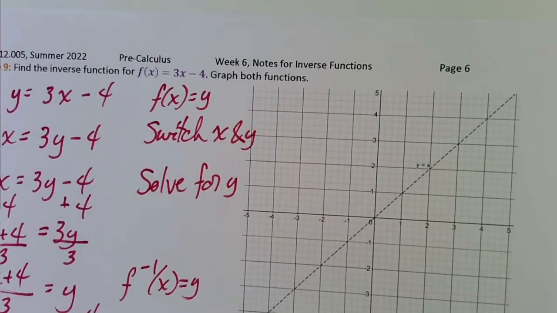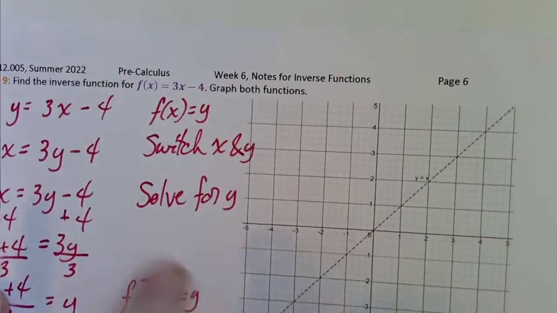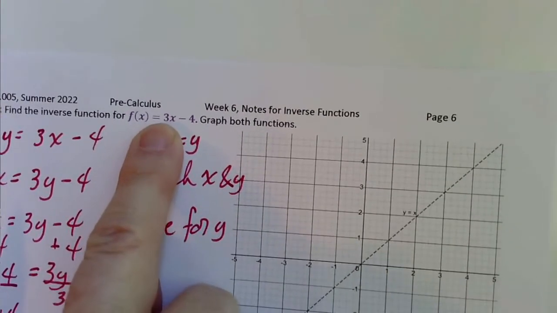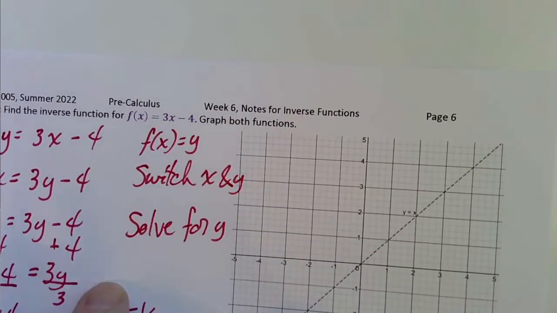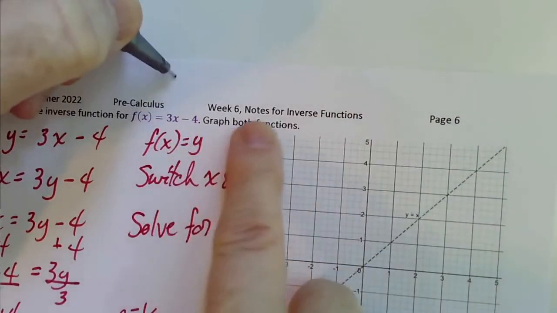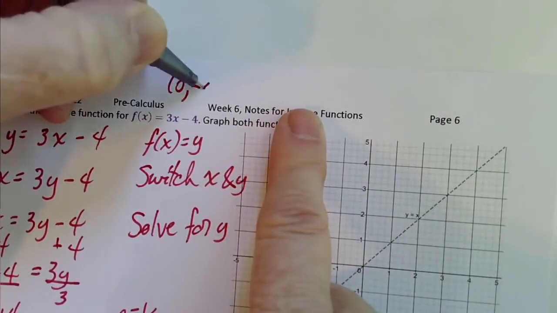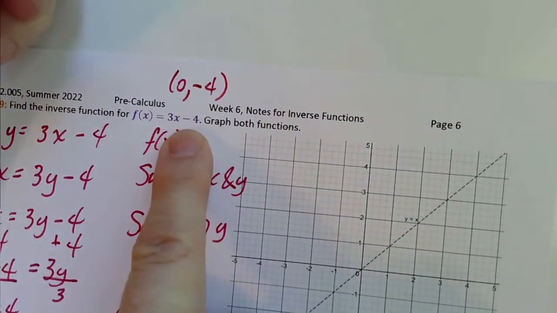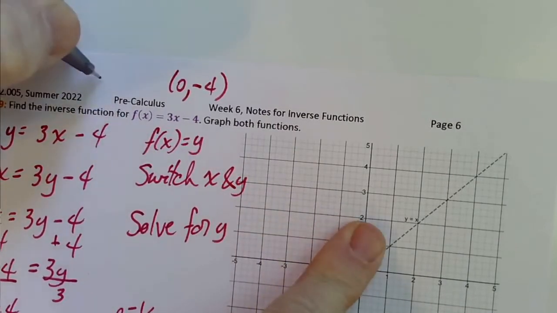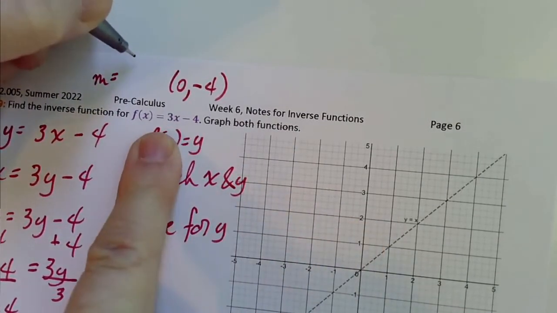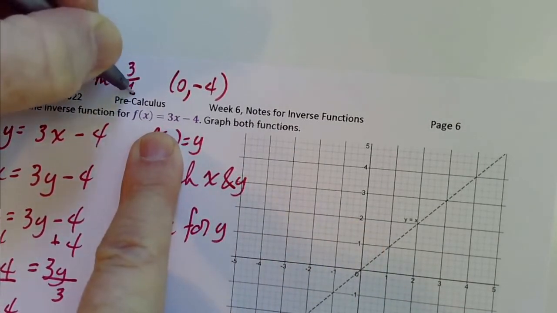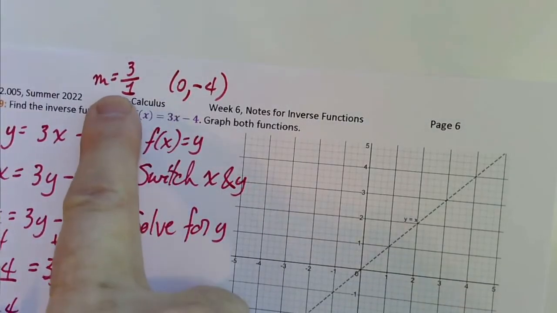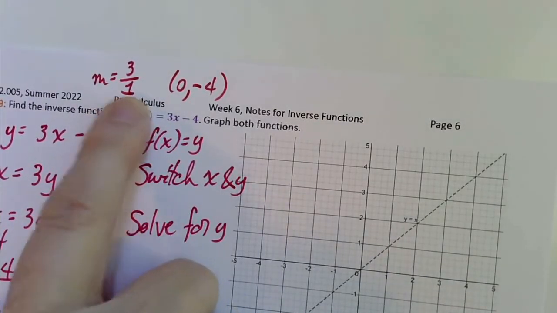Oh, and I wanted to graph these because it's really cool to see the two functions. So to graph 3x minus 4, I know that 0, negative 4 is the y-intercept of f of x, and that the slope is 3 over 1, a rise of 3 and a run to the right of 1.